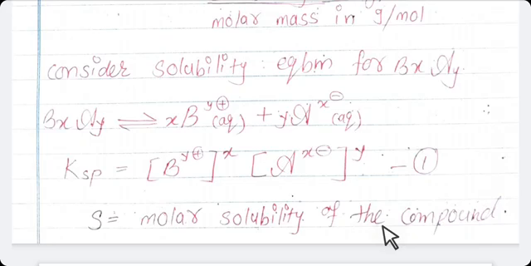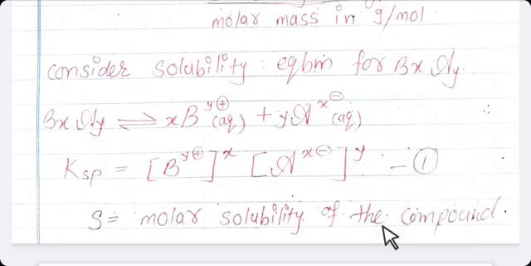Students, we have already studied the definition of solubility and molar solubility. I am repeating here. Solubility of a compound is the amount in gram that dissolves per unit volume, and molar solubility means the number of moles of a compound that dissolve to give 1 liter of saturated solution.